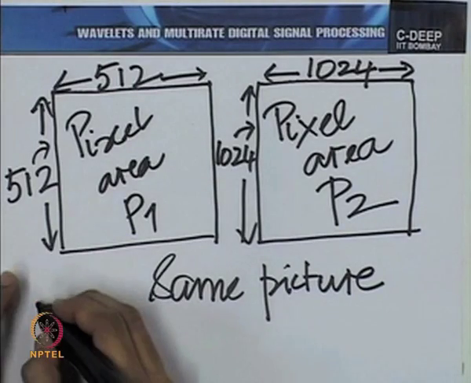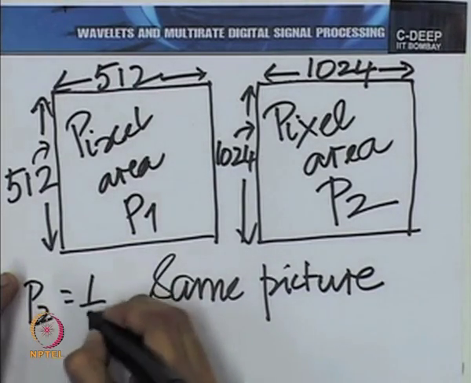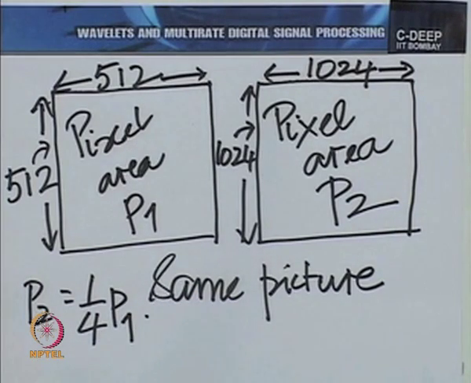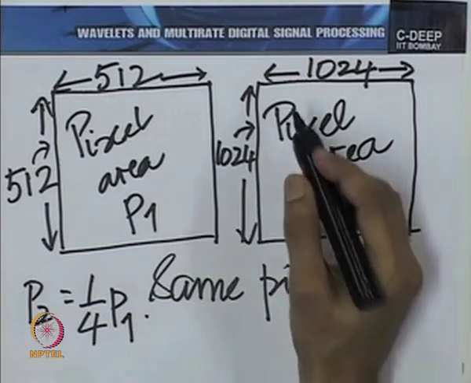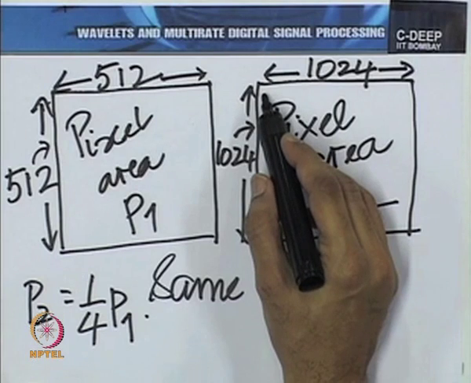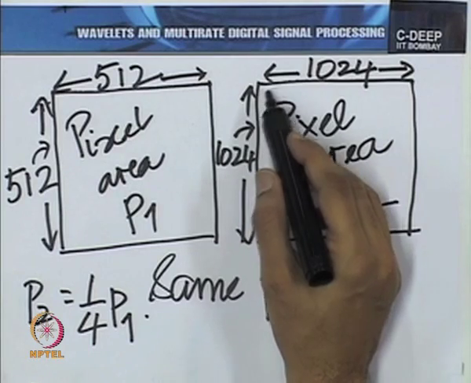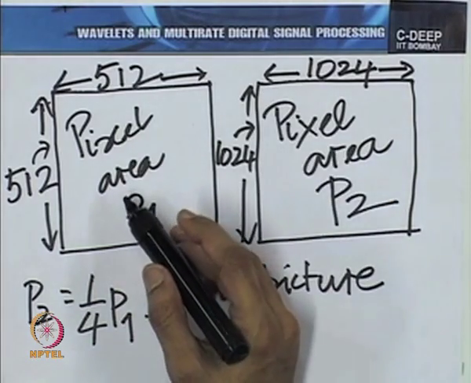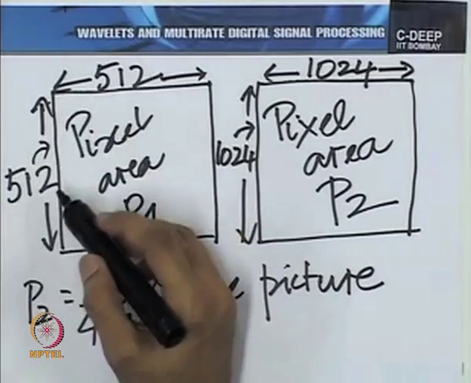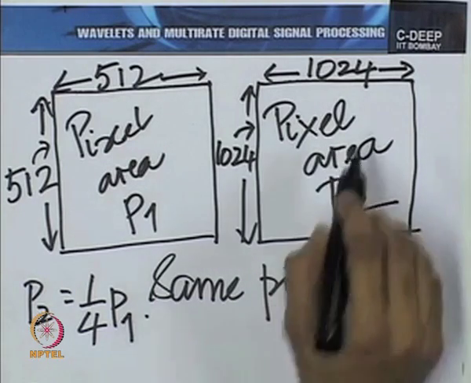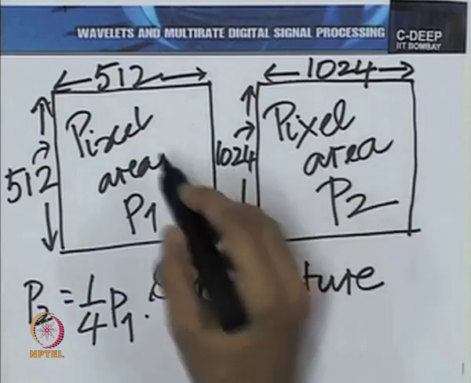It is very easy to see that P 2 is 1/4 of P 1, and therefore, I have reduced the area by a factor of 4. Naturally, if I use a constant to represent the value or the intensity of the picture on each pixel here and do the same here, what you see in this picture is going to be closer to the original picture in some sense than what you see here.